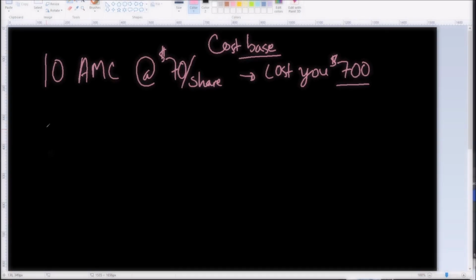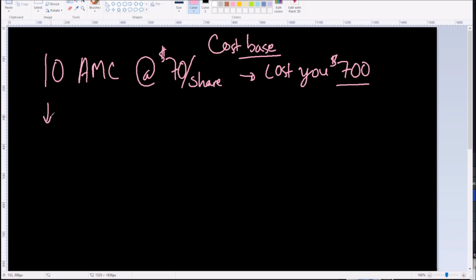Okay, when ape was introduced, now instead of having just 10 AMC, now you have 10 ape as well. Sorry, it's hard to draw here. Alright, so you have 10 ape plus 10 AMC, okay?